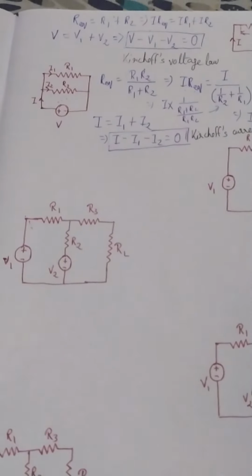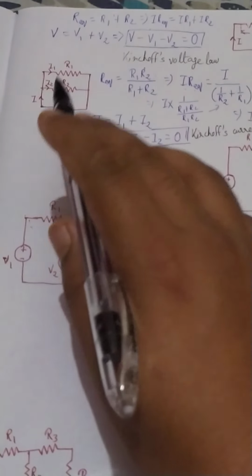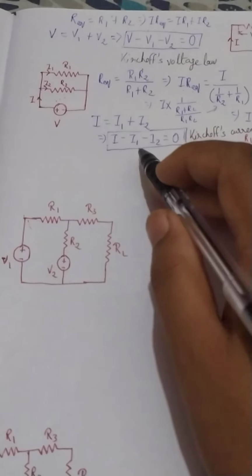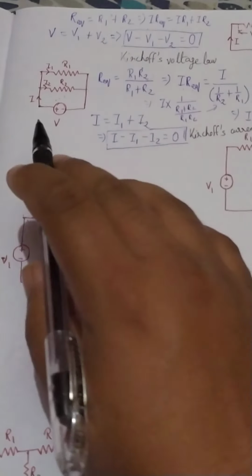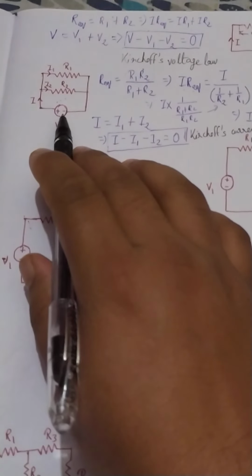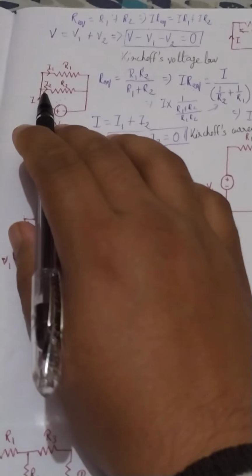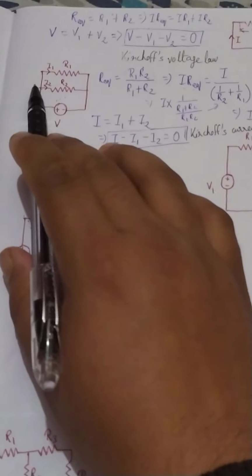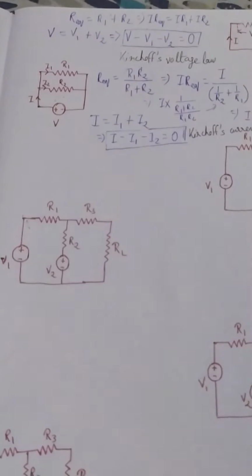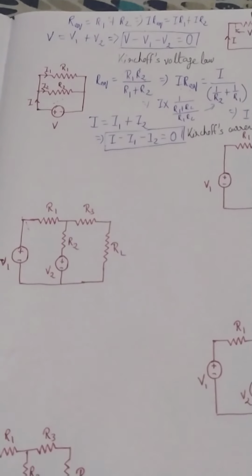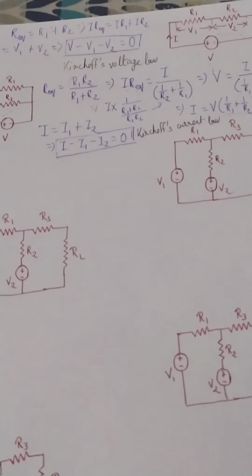In this node, the total current should be equal to 0. That implies that whatever current is coming in should be equal to the total current going out, that is I1 and I2. So this is basically Kirchhoff's law.